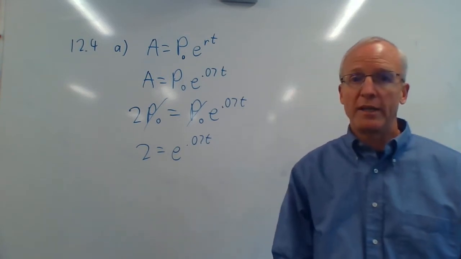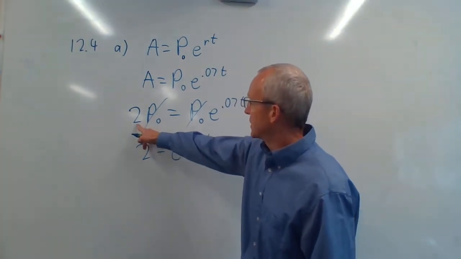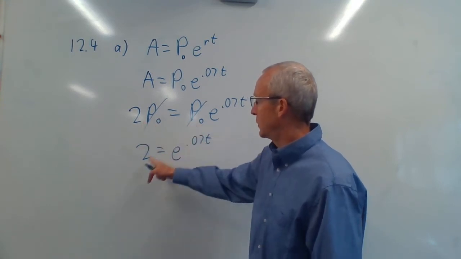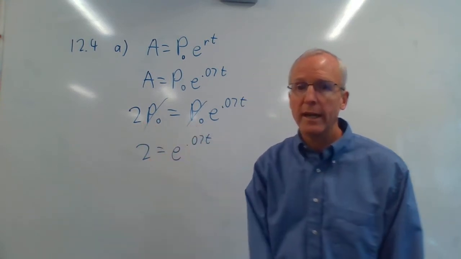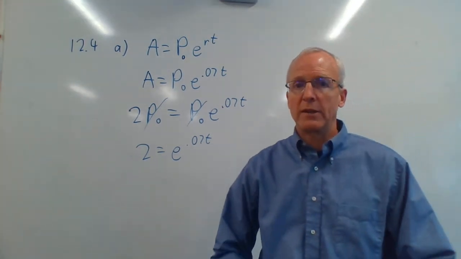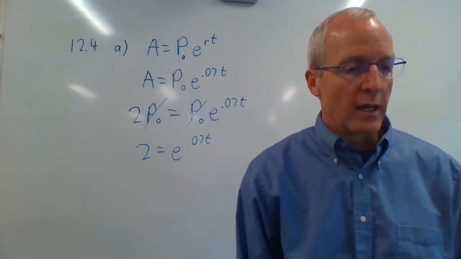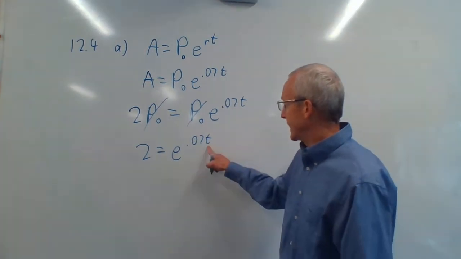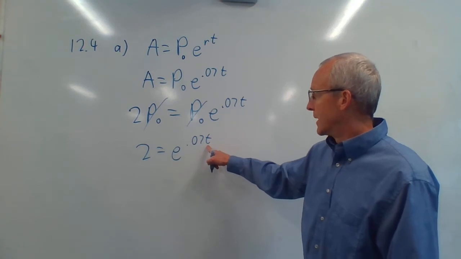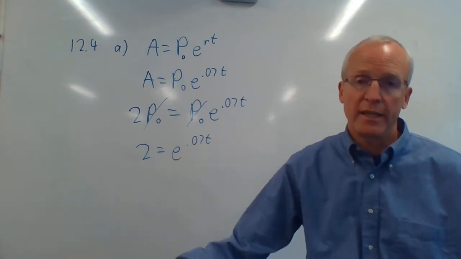Now notice if we'd wanted tripling time, we would have a 3 there, because it's just how much more money we have than what we started with. If we want quadrupling time, we'd have a 4 there. That number is just the multiple you want. We want double, so we put a 2 there. We want to get t, the time. To get t out of the exponent, you take the log.